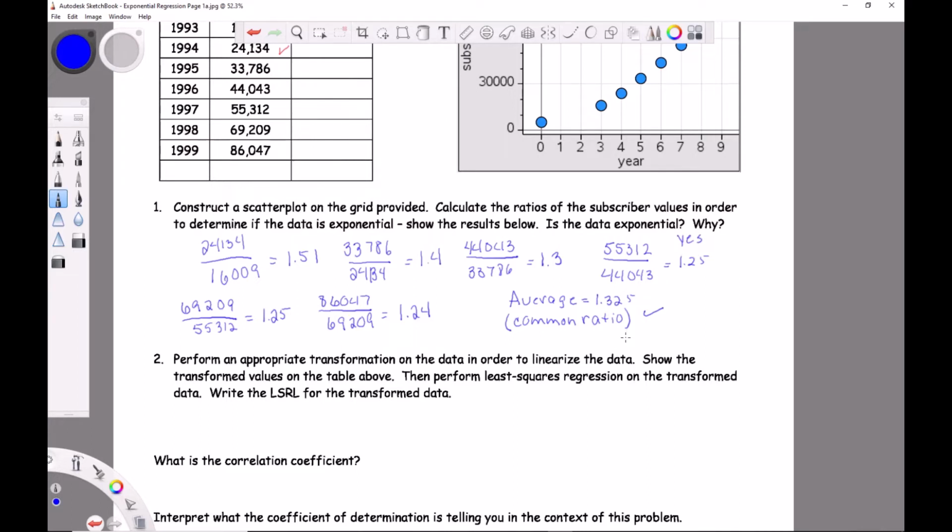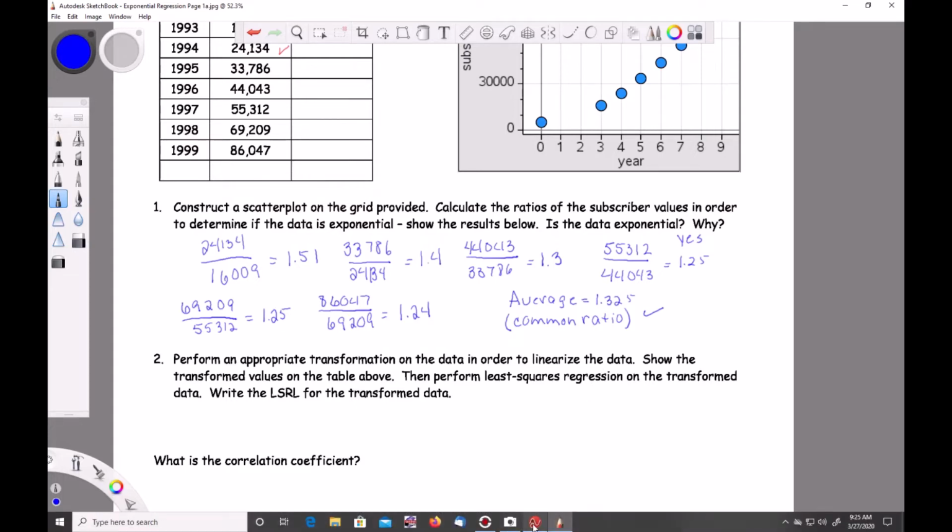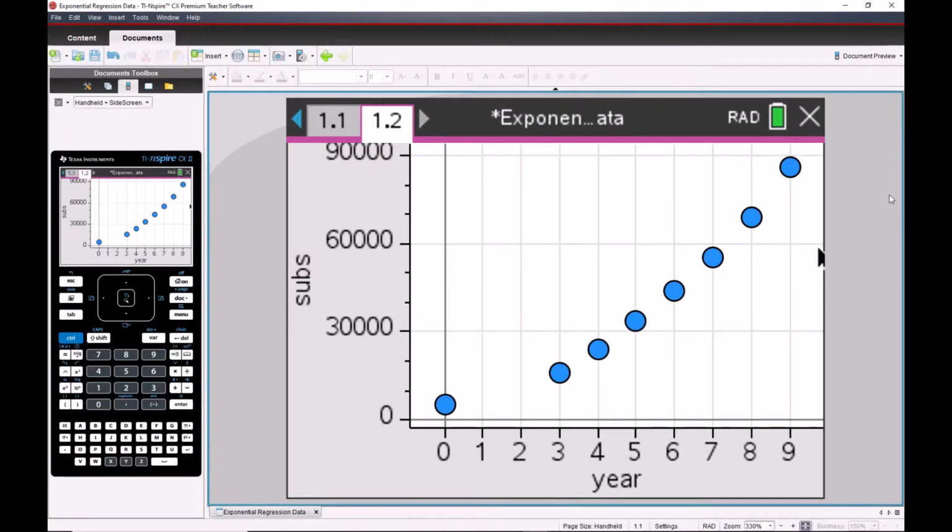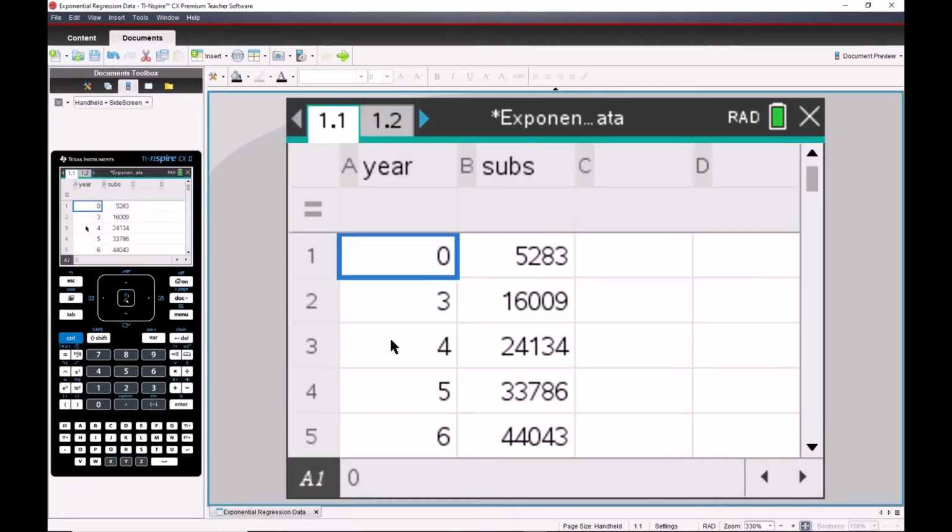All right, so what to do now? Let's go back to the calculator real quickly. You do have an exponential regression, which we could just employ, but College Board wants us to do what they call linearizing this data. So we need to go back into here, and what we're going to do is straighten out this curvature, because really the curvature is coming from the response variable, not the explanatory variable.